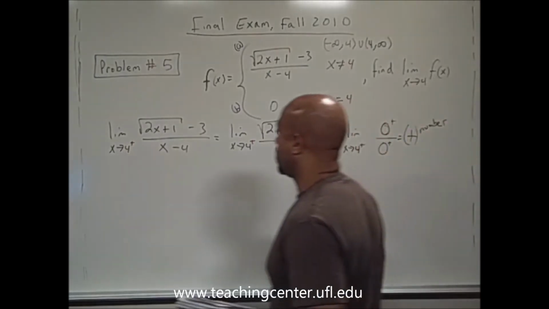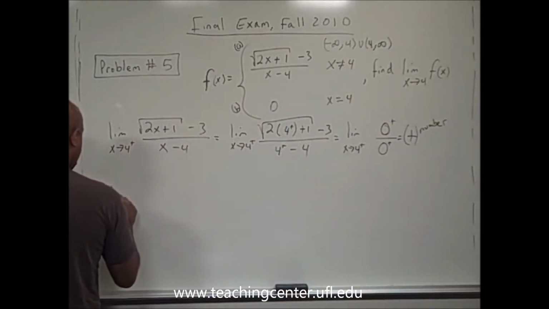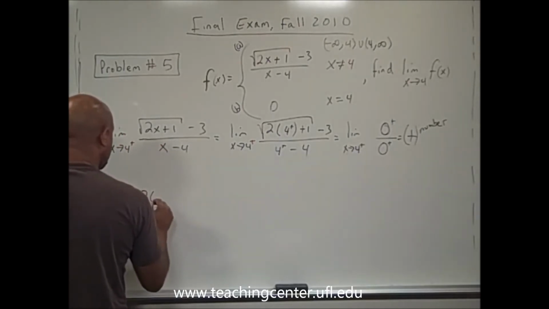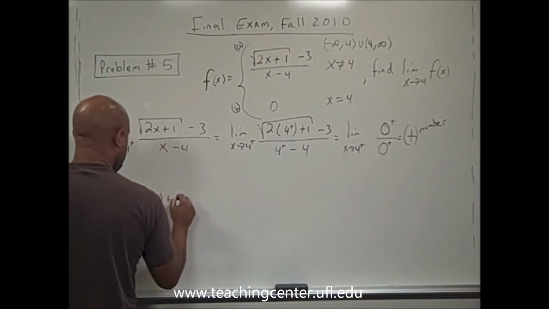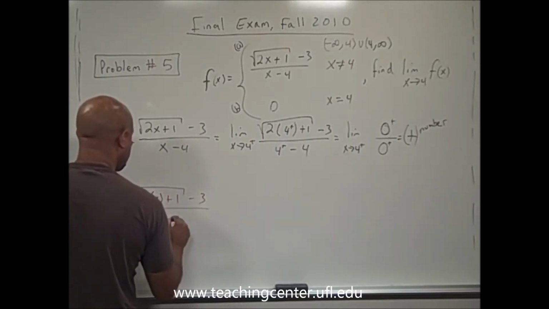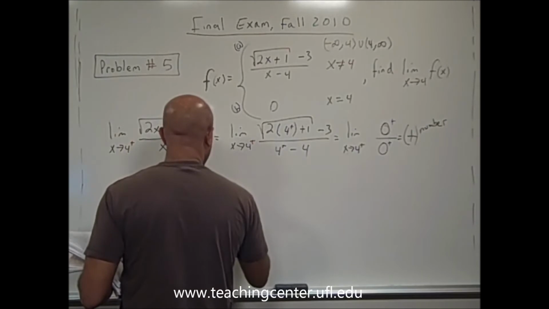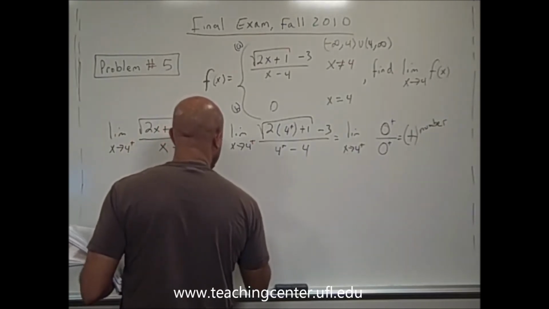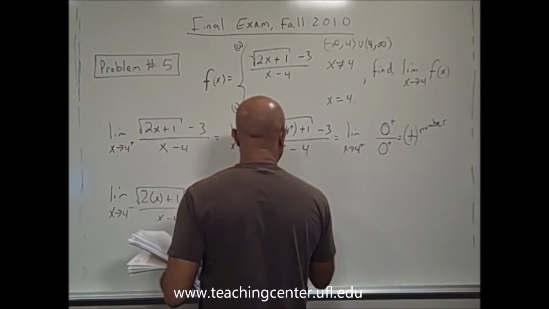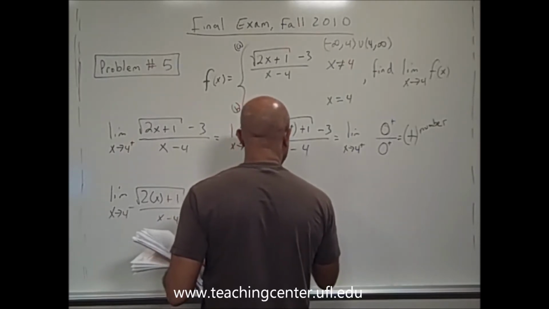Let's do the same thing now, but we're going to take the limit as x approaches 4 from the left. So we get the square root of 2x plus 1, minus 3, divided by x minus 4. Doing direct substitution as x approaches 4 from the left, we get 2 times 4, a number slightly less than 4 this time.